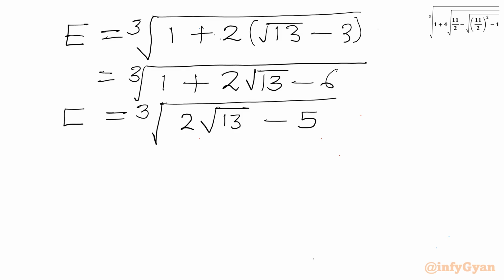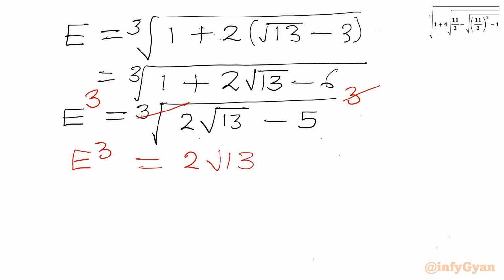This is our E. Now I will consider cubing both sides and I will use Simon's favorite factoring trick. So let us consider cubing both sides. So cube root and cube will be over. I can write E cube equal to 2 square root 13 minus 5. Now multiply both sides by 8.